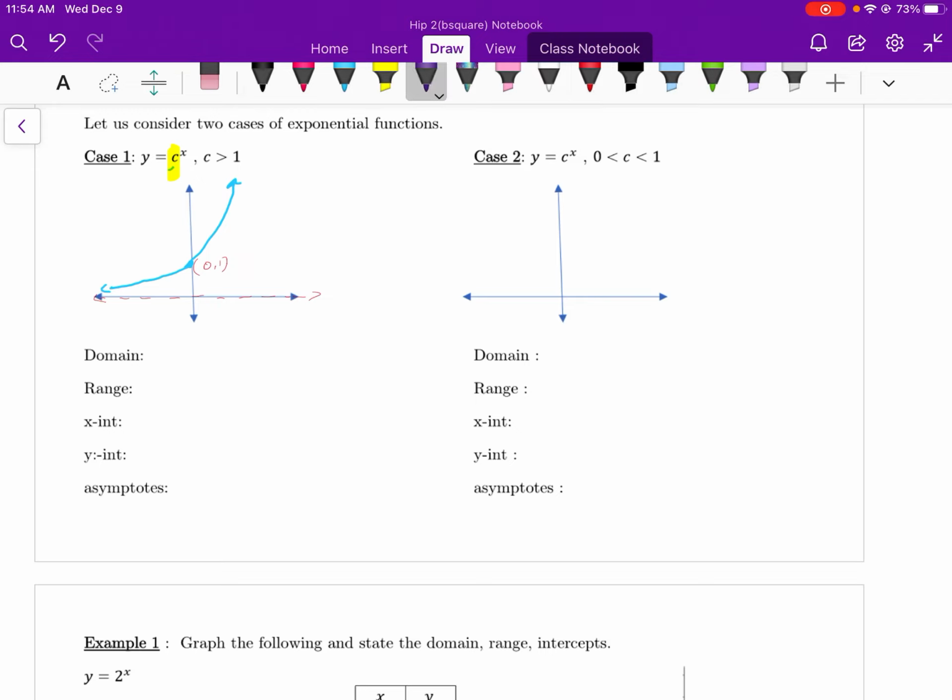And it really comes from the form y is equal to c^x, and maybe let's just put a value for c, 2. As x gets larger, so does your y. Now think of it in the other way. As x gets smaller here or more negative, the y values diminish.